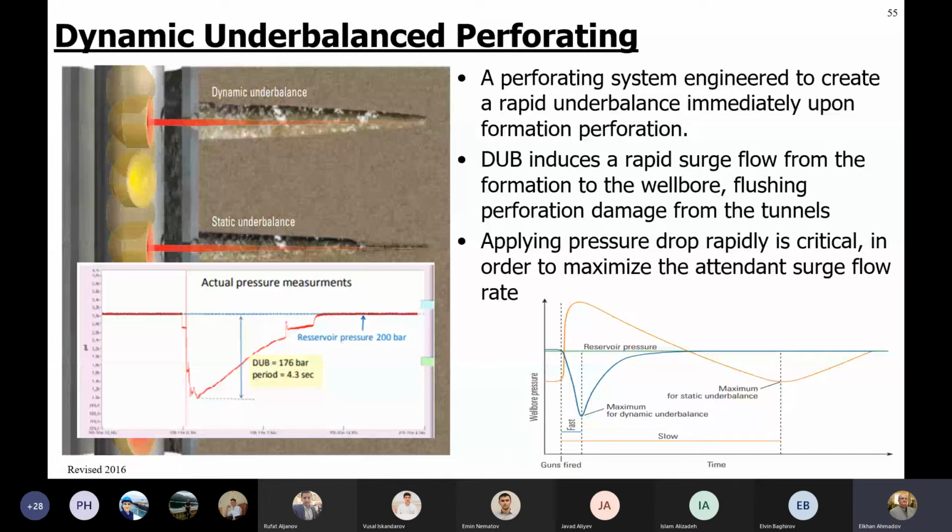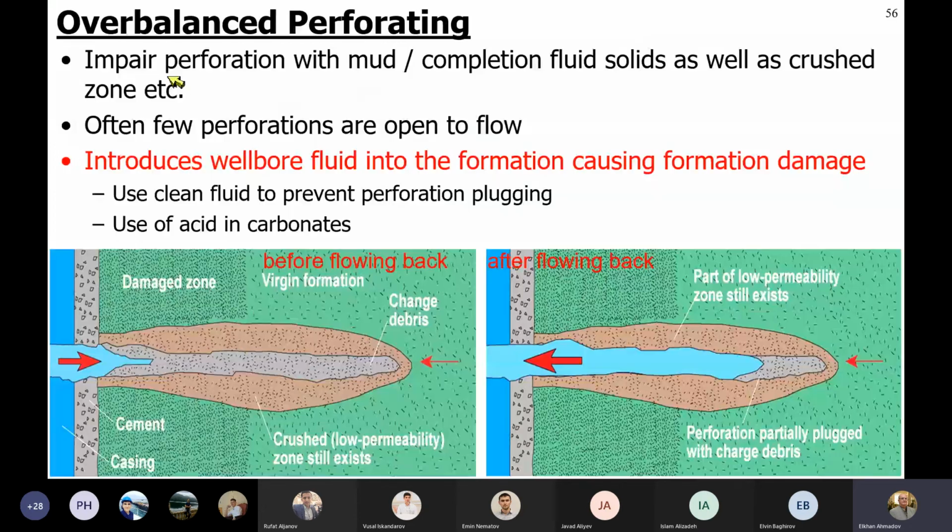What we do is create higher pressure in the wellbore than the reservoir pressure. But due to the overbalance, when we perforate the well, perforate the reservoir, the fluid goes.